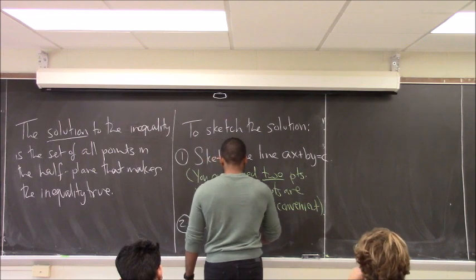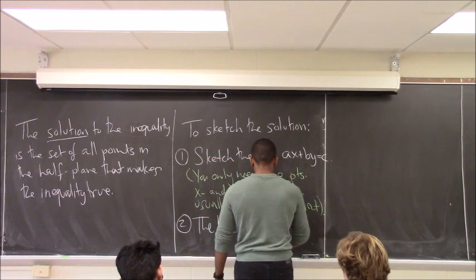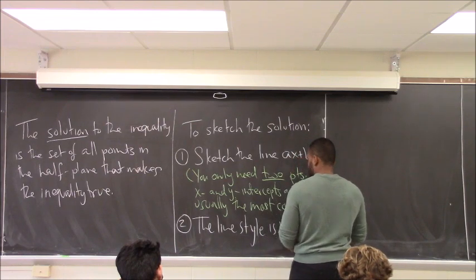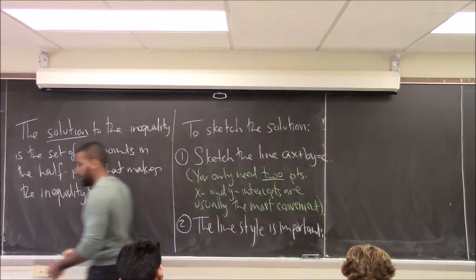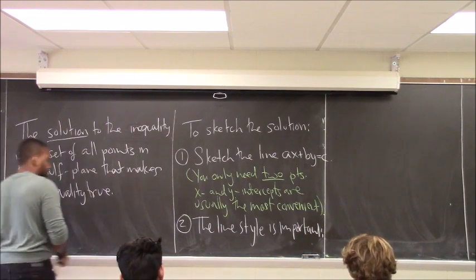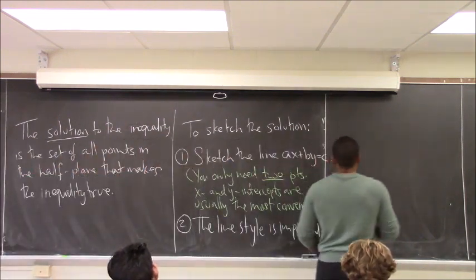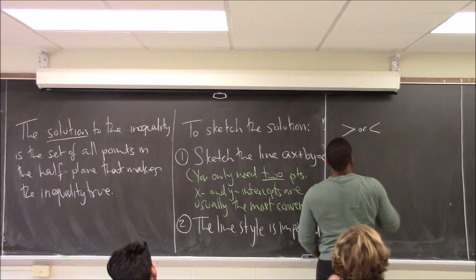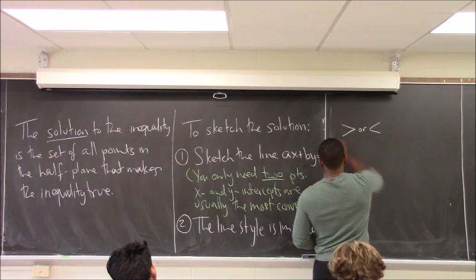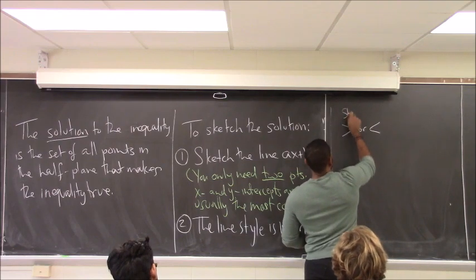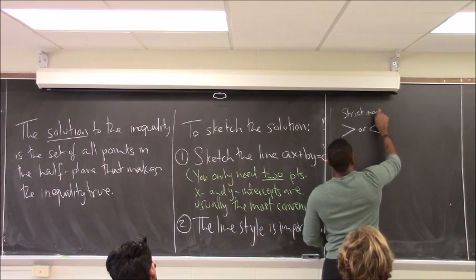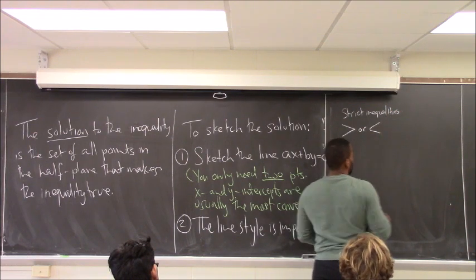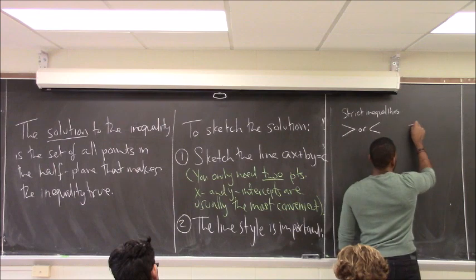The line style is important, in the sense that if you have greater than or less than, we call them strict inequalities, then the line style is going to be a broken line.